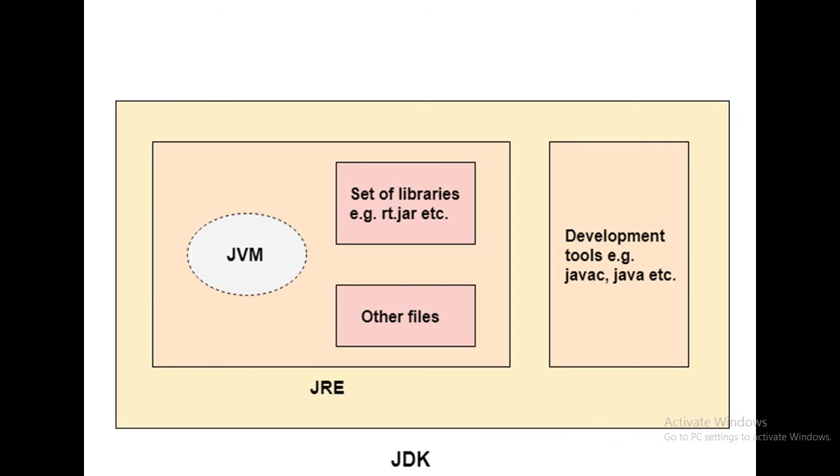JRE contains a set of library files for development of Java applications, and JRE is equal to JVM plus a set of libraries. JDK contains all these things: JRE, JVM, a set of libraries, and development tools for the complete development of Java. In general, JDK is equal to JRE plus some development tools.